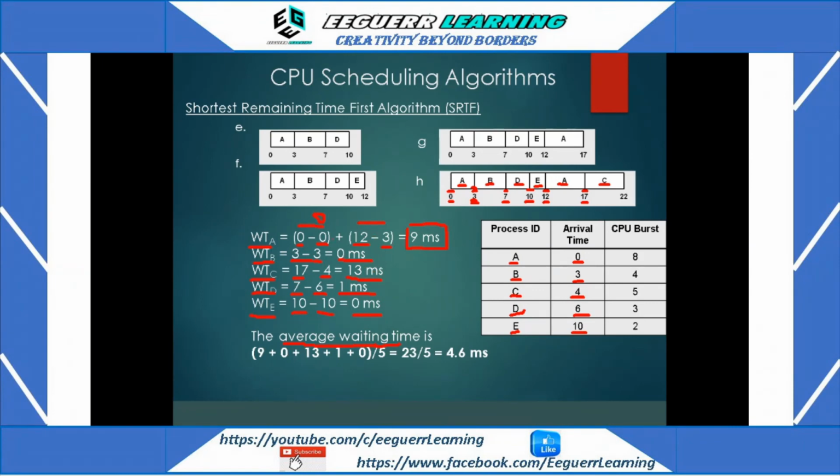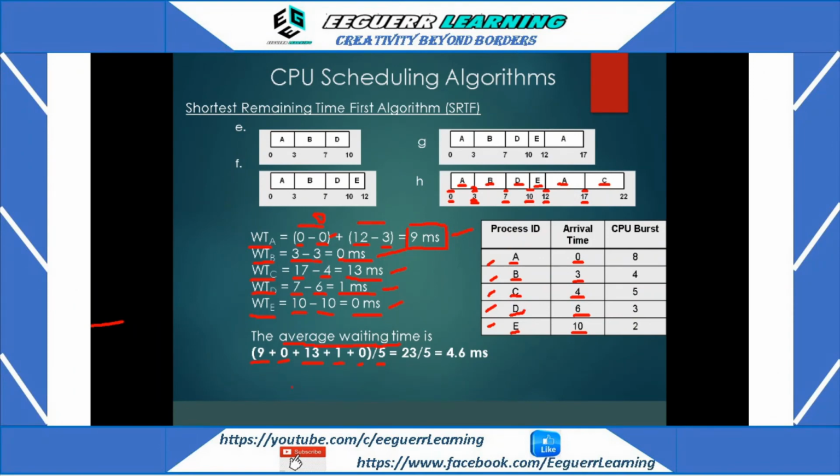Let us get all the values: 9, 0, 0, 13, plus 13, plus 1, plus 1, plus 0, plus 0. And we're going to divide it again by 5 because we have 5 total processes here in our table.